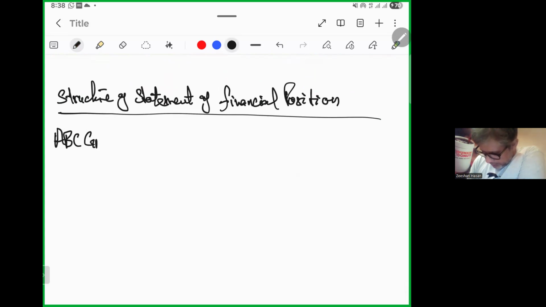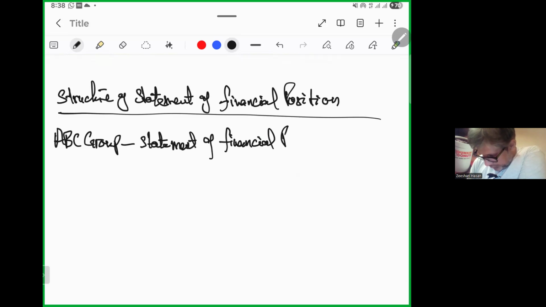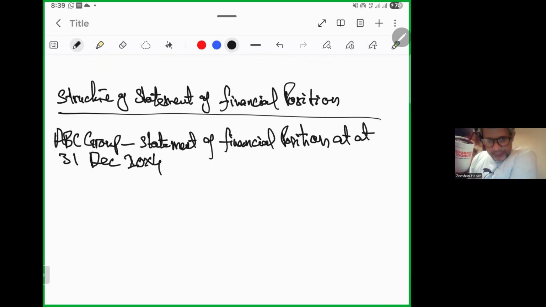ABC group statement of financial position as at 31st December 20X4, for example. Here 20X4, 20X3 for the comparison.